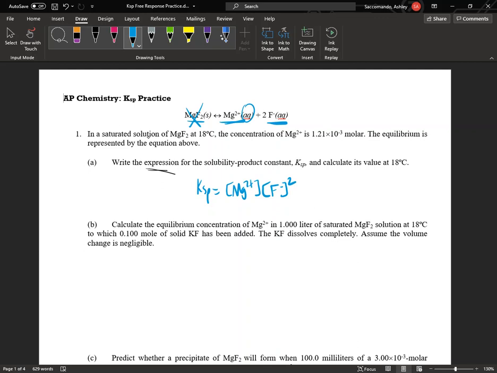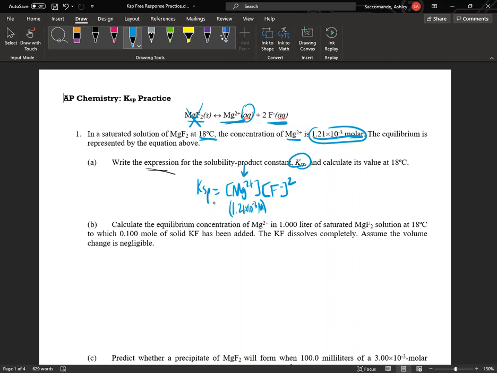Now, if we read this, in a saturated solution at 18 degrees, the concentration of the magnesium is 1.21 times 10 to the minus 3 molar. So it's already telling me that at 18 degrees, this is the value for this one. That is the concentration that would go in there. And now it wants me to calculate Ksp.